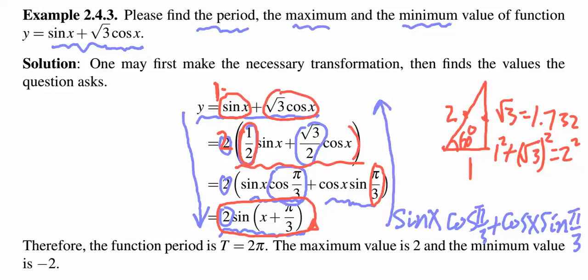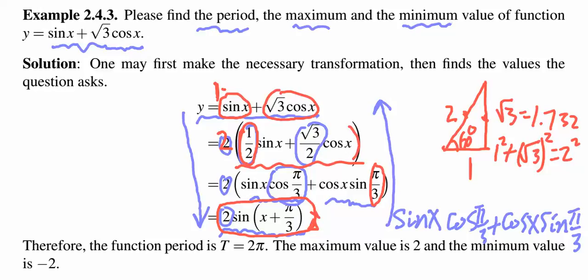So basically the motivation was using the coefficient of sine and the coefficient of cosine as two legs to construct a right triangle. Then we can eventually get this nice expression, 2 sine of x plus pi over 3.